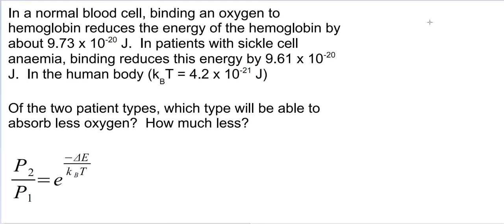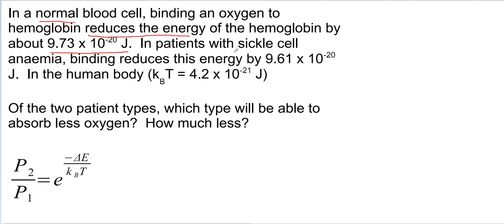So an example we can look at here is one in which you're dealing with oxygen binding to hemoglobin. Now, it's possible to have a number of different health conditions that change how oxygen binds to your hemoglobin, and this largely can be predicted by looking at the energetics of the binding process. So the idea here is if you have a normal or standard blood cell, binding reduces the energy of hemoglobin by some particular amount.